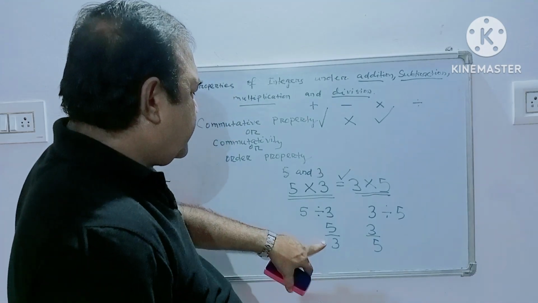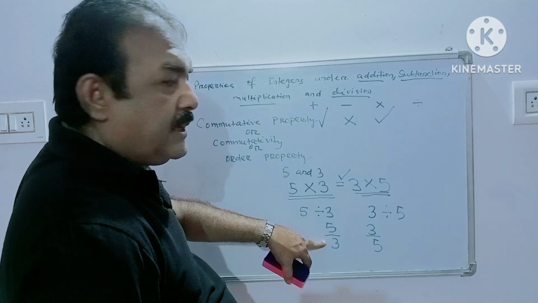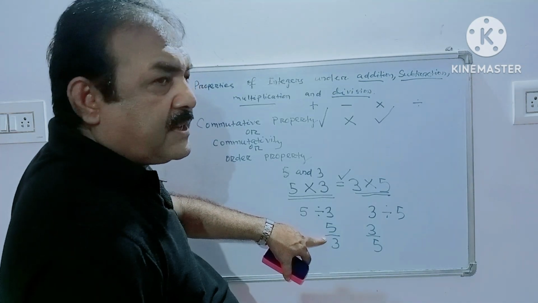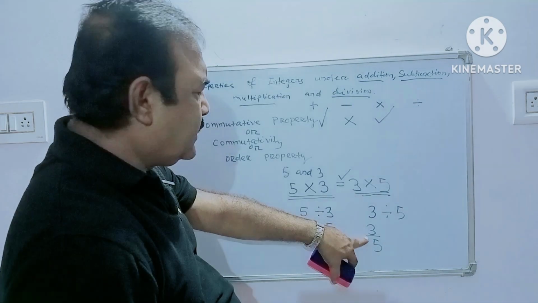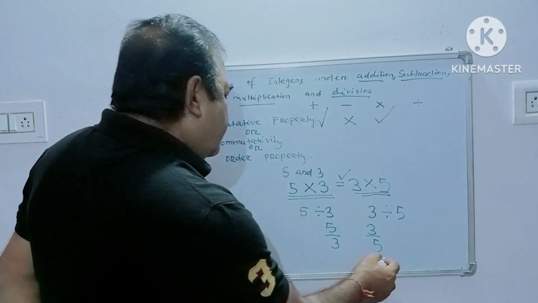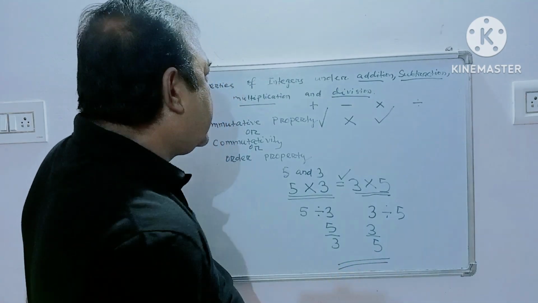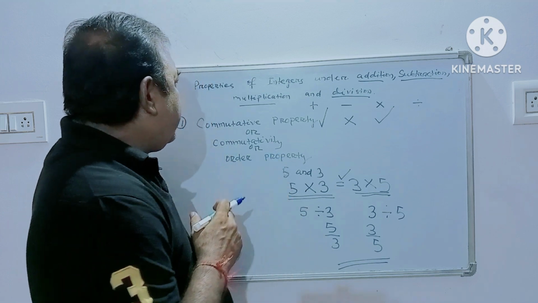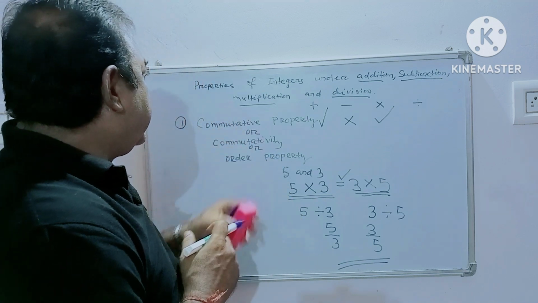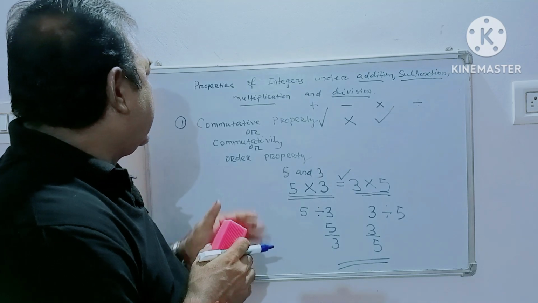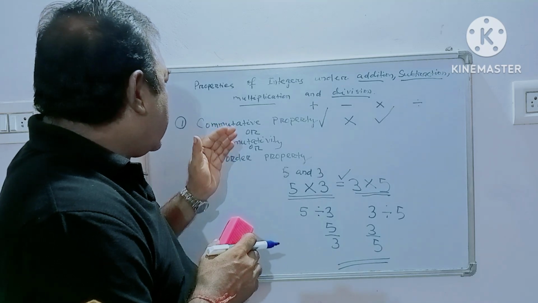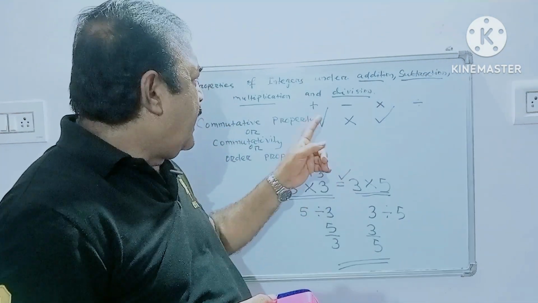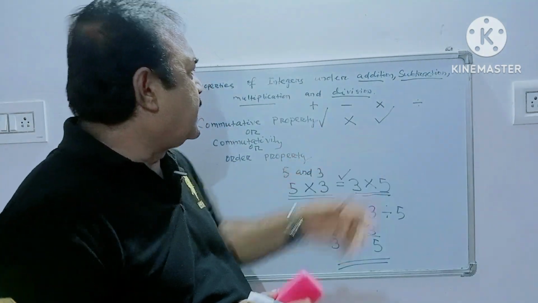You see, 5 upon 3 is an improper fraction and this is a proper fraction. They are not of the same value. So what we knew is that the integers show commutative property or commutativity under addition and multiplication.